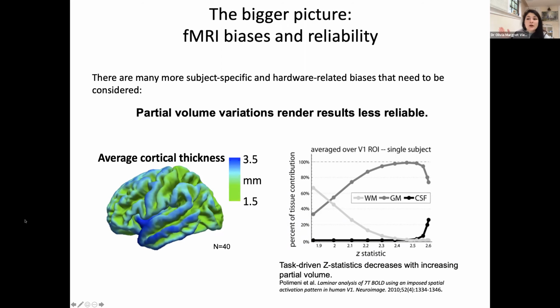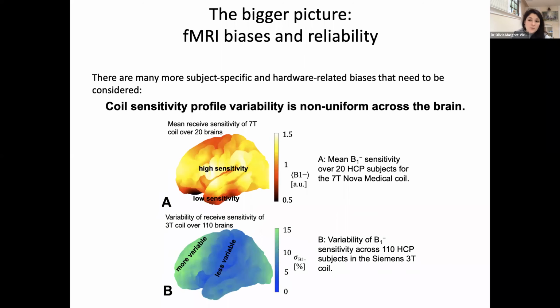So z-stat variability will depend on cortical thickness variability. And bear in mind that cortical thinning is one of the most prevalent observations in aging and neurodegenerative diseases. And a lot of studies use fMRI to infer neuronal changes in aging and neurodegenerative diseases. So learning more about functional anatomic coupling and its impact on the fMRI signal is important, just to make sure we interpret our results in the right manner.